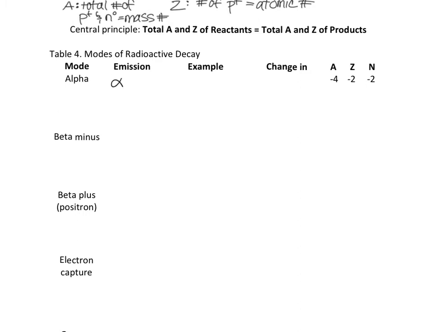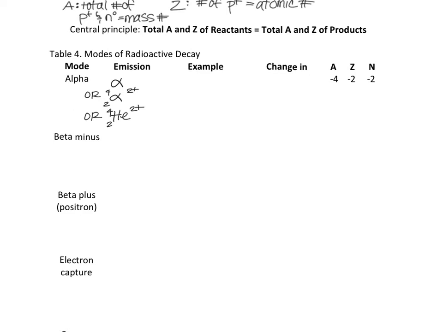Another notation could look like alpha 2, 4, 2 plus, or you might also see a helium 2 plus. Remember the number at the bottom is the number of protons, and the number at the top is your A, or your number of protons and neutrons together.